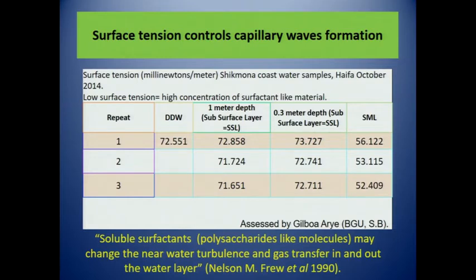You can't mention the sea surface microlayer without talking about surface tension. I'm not an expert in this field, but as far as I understand, this is the tension created by forces that push each and every molecule on the surface down.